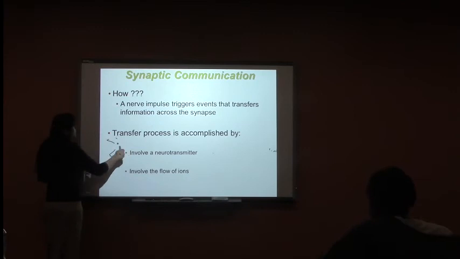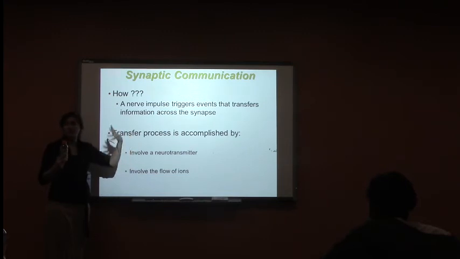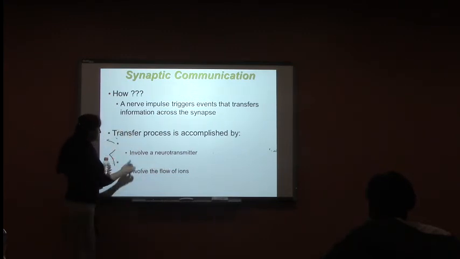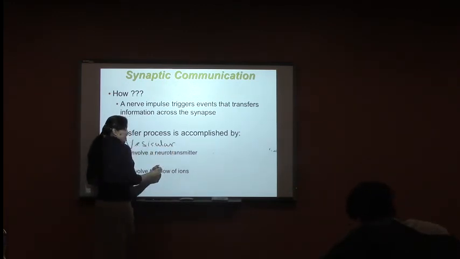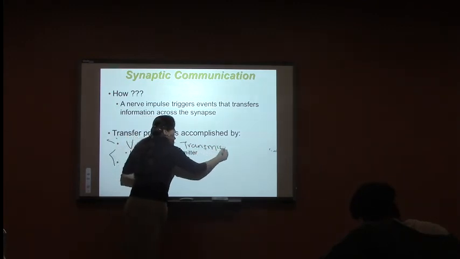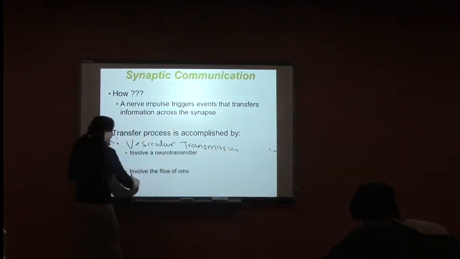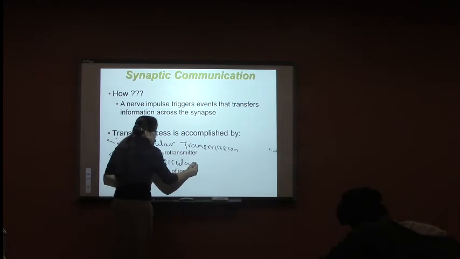Okay, so synaptic transmission is just a process where communication is occurring between one neuron and something else. Anytime it involves a neurotransmitter, it's called vesicular transmission. And if it involves flow of ions, it's called non-vesicular transmission.